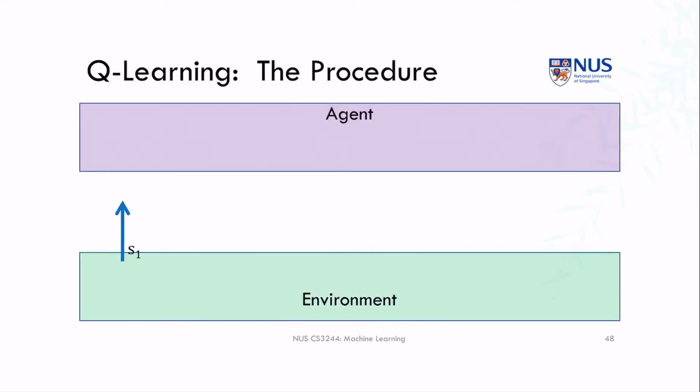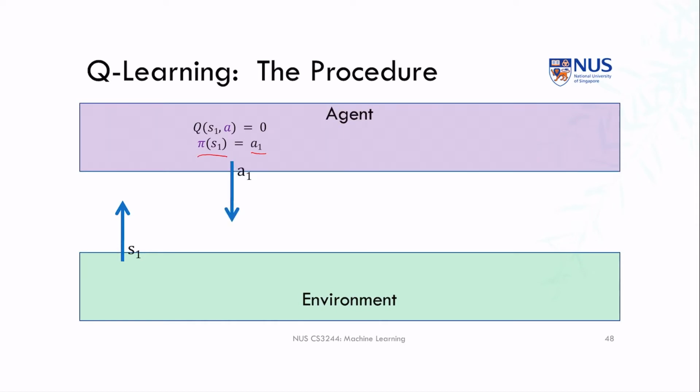Where at the beginning, we get a state from the environment, okay? The agent has to decide what to do. Maybe at the beginning, it just picks the first action that comes along that's available in that state, okay? And it sets that as the policy, right? So it says here, in state S1, you do action A, okay?